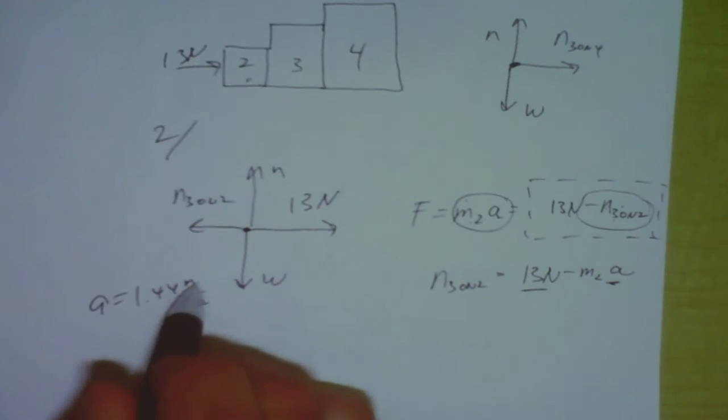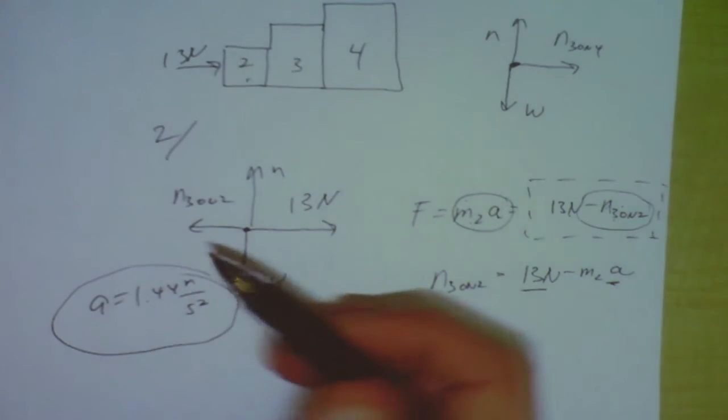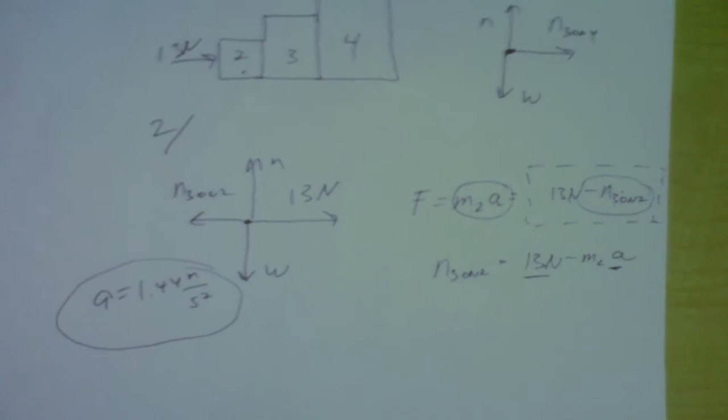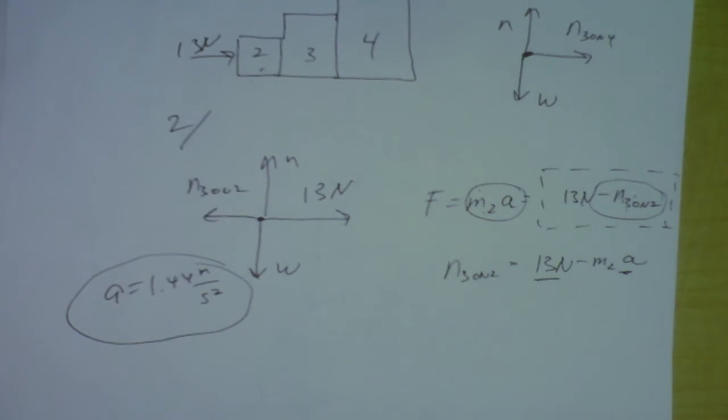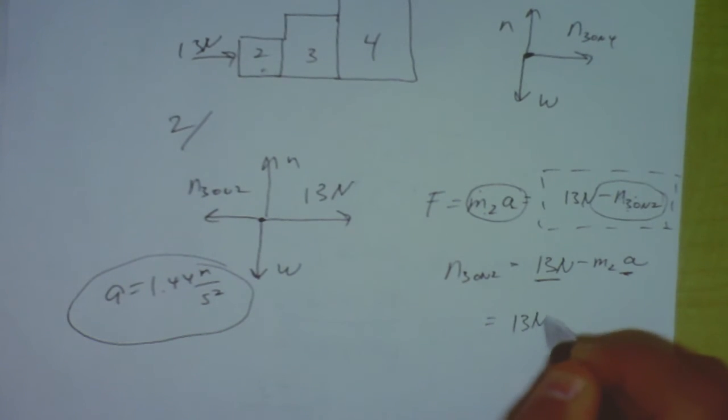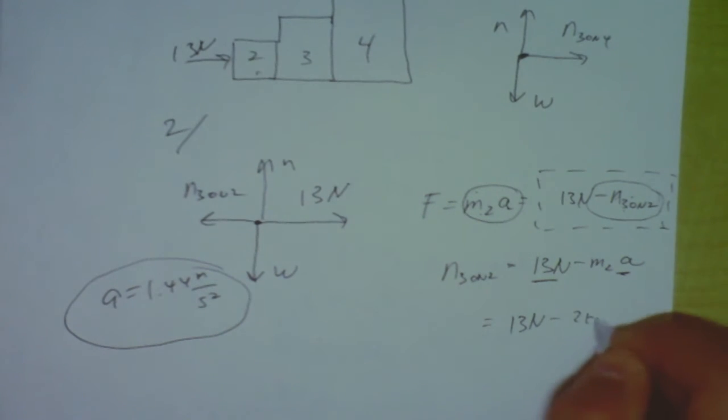So I think we did, in the beginning, we got the acceleration of the whole system here. So once you have the 1.44, we can do 13 newtons minus 2 kilograms times 1.44.